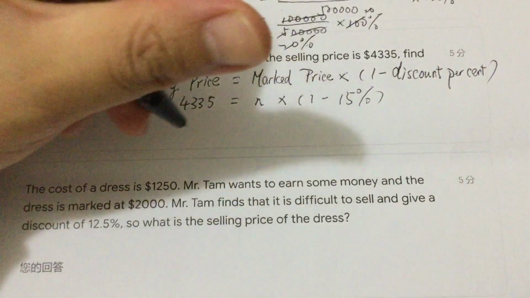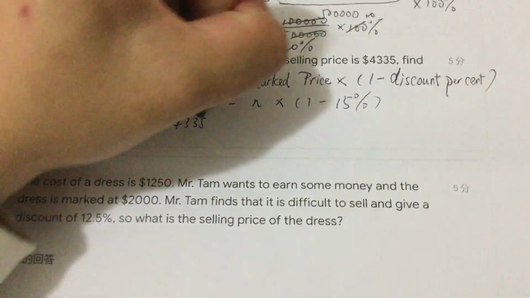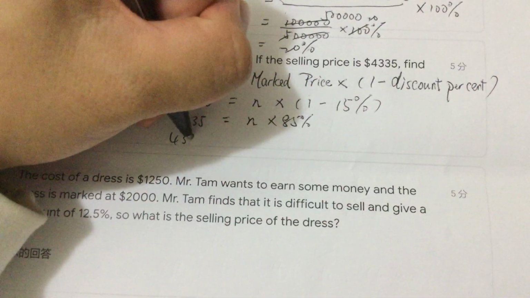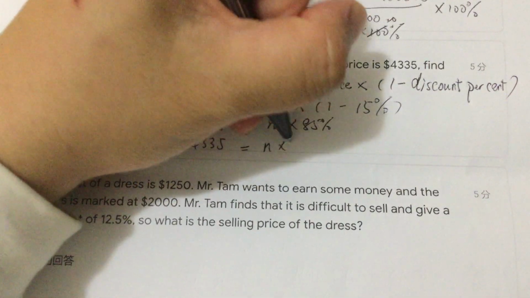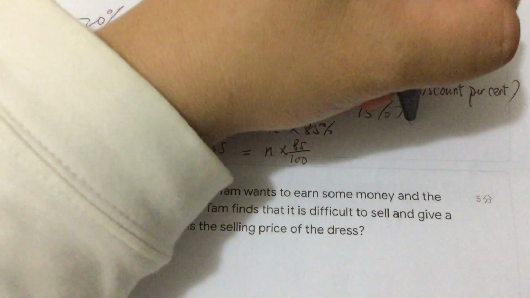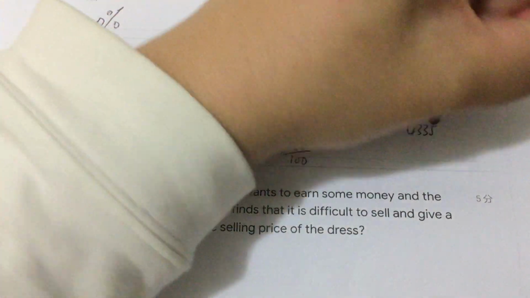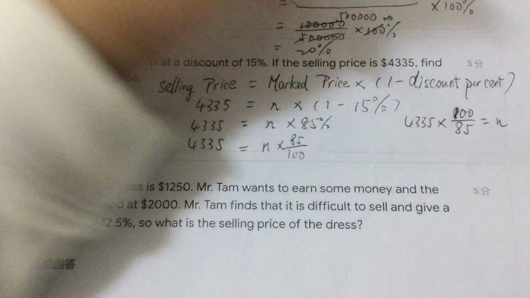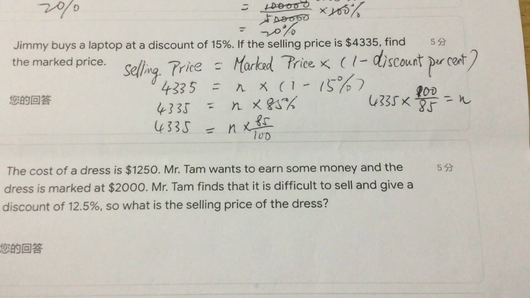Okay, now we will do this one. 4335 equals n times 85%. So 4335 equals n times 85 over 100. And so you have 4335 times 100 over 85 equals n. And we can do the cancellation.